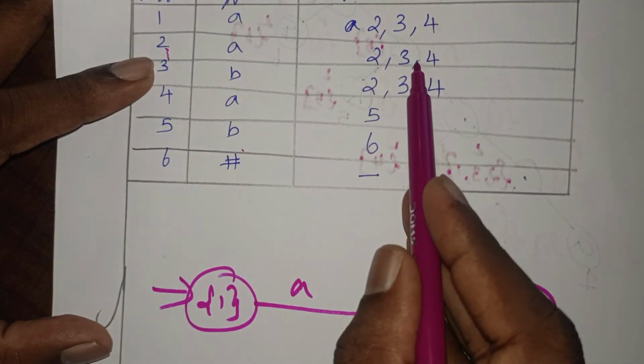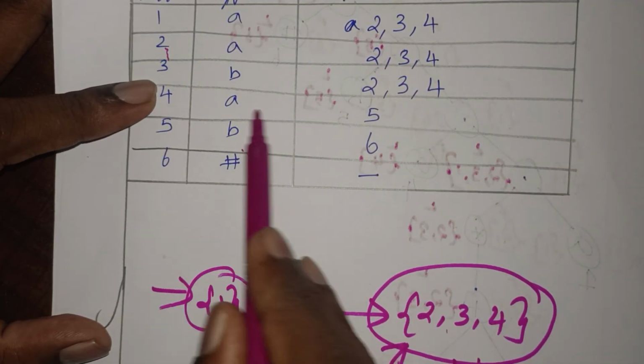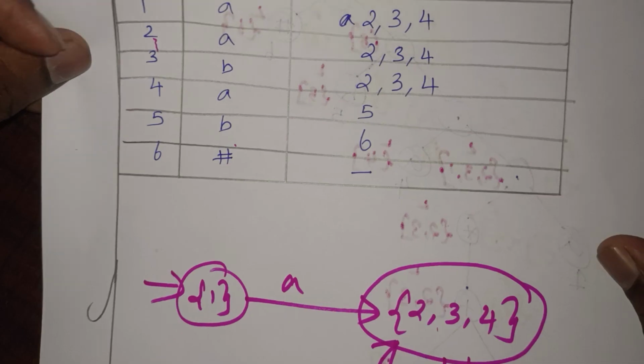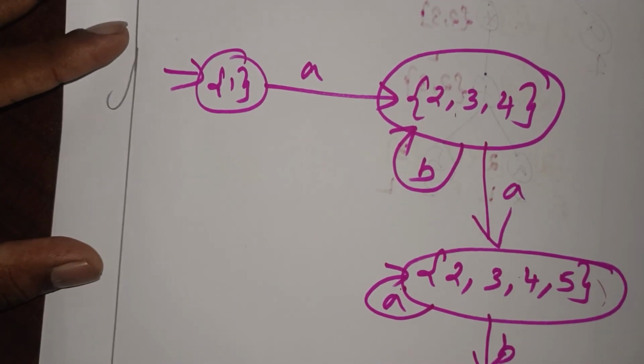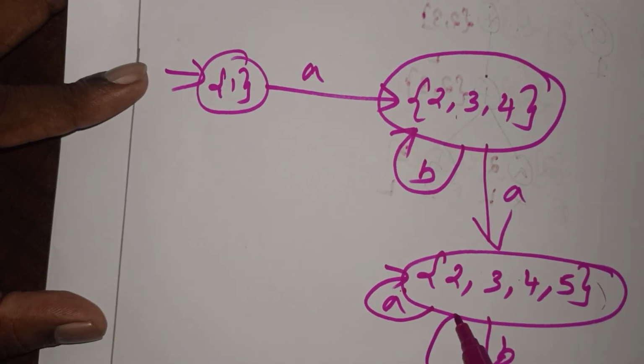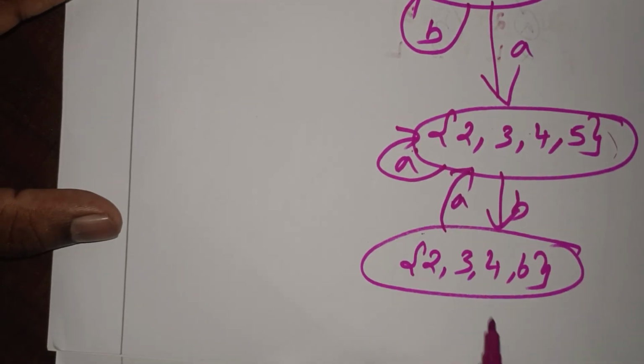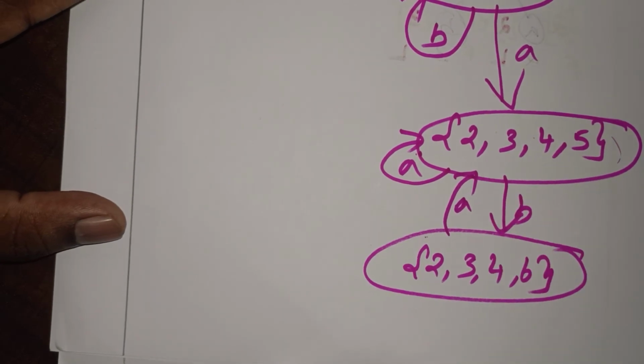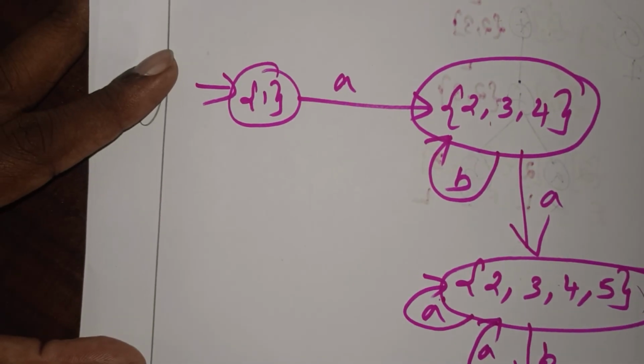So 2 is taking A and reaching this 2, 3, 4. 4 is taking A and is reaching that 5 node. So we can construct this way. That is 2, 3 and 6 is also taking A to reach this particular destination called 2, 3, 4 and 5. Okay, so we have derived all the possibilities.